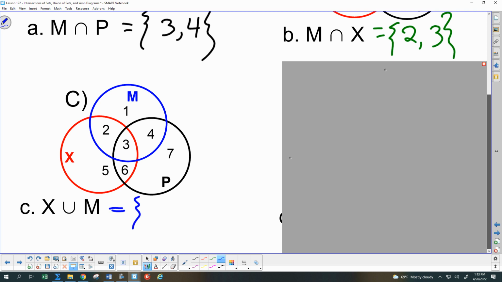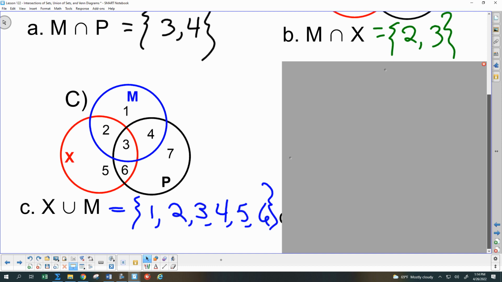What numbers would we have? Thumbs up or thumbs down for 1, 2, 3, 4, 5, 6. Sure, it's not the 7, because 7's outside of the M and the X circles.